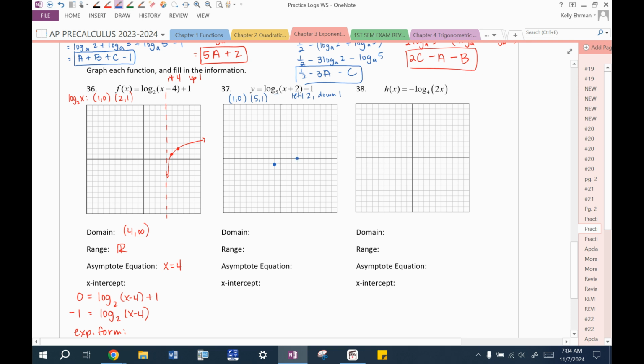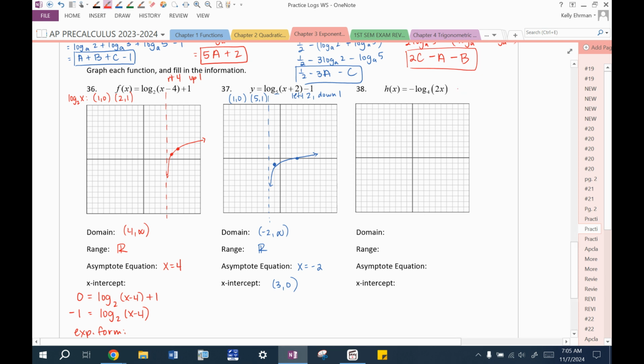The vertical asymptote is at x equals negative 2 because we went left 2. So let's graph this. The domain is negative 2 to infinity. The range is always all reals. Vertical asymptote x equals negative 2. I don't need to solve algebraically for the x-intercept. I can just see on my graph that it's 3, 0.